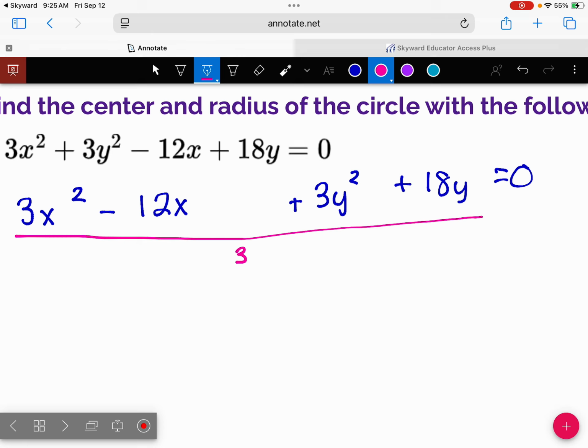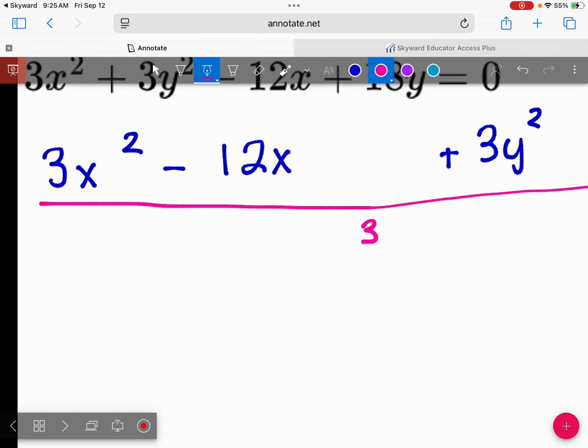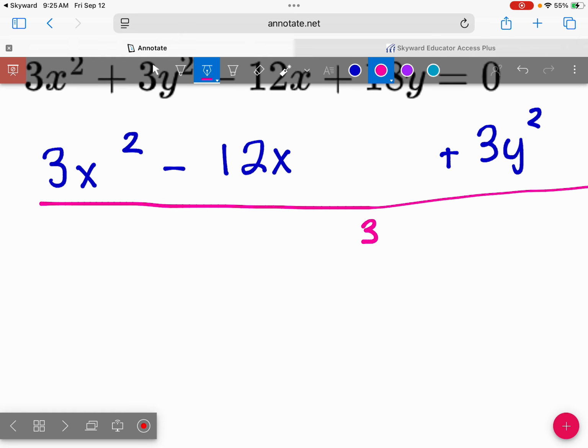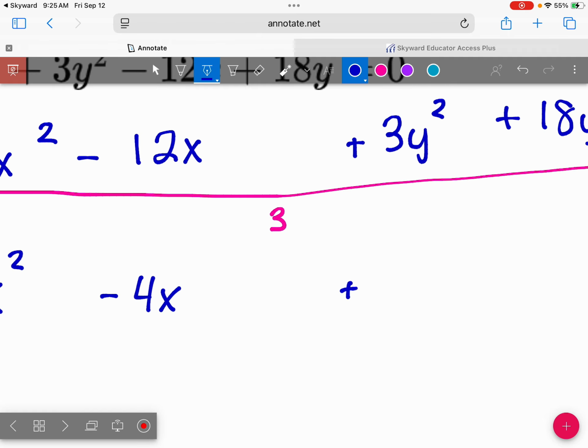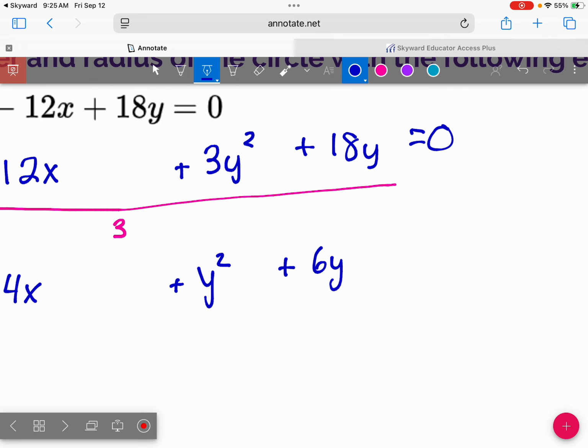Because I don't want to have to do the perfect square with my 3x squared. I mean, it's doable, but it is unpleasant. So we're going to have our x squared minus 4x and our y squared plus 6y equals 0.